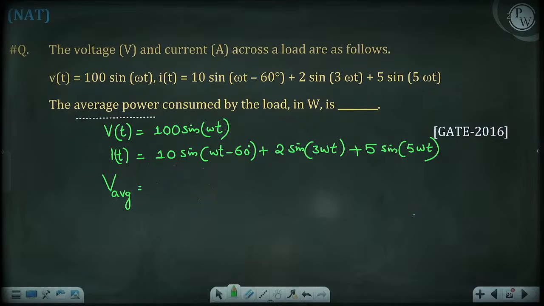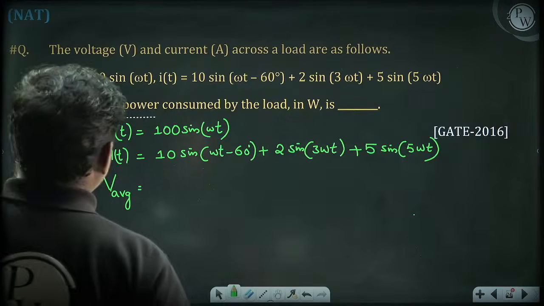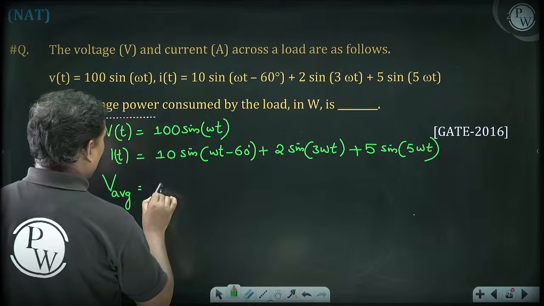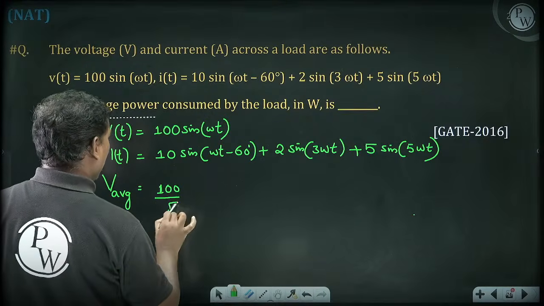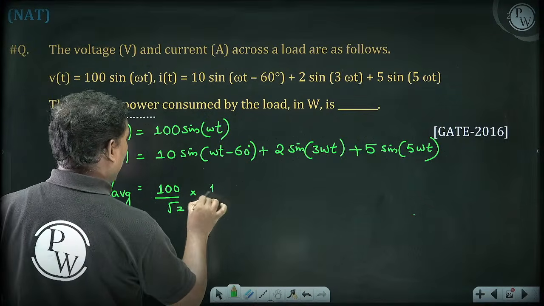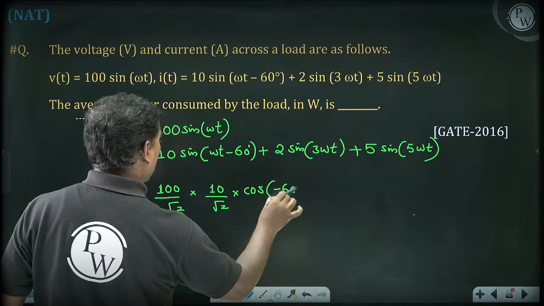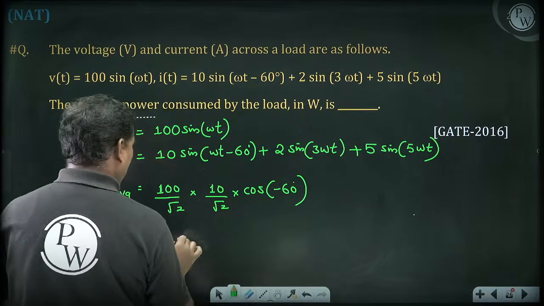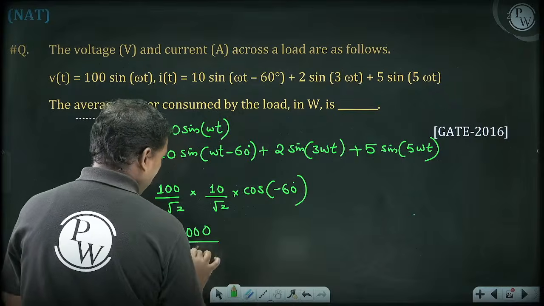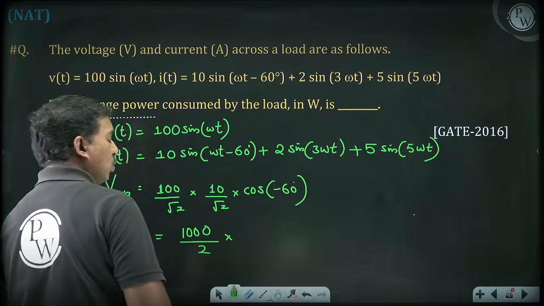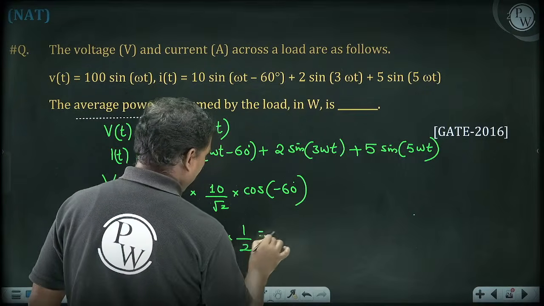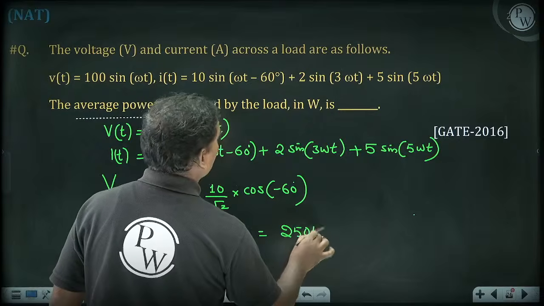Yes, they are asking the average power, so the power is V RMS, that is 100 by root 2, and I RMS, this is 10 by root 2, and cos of phi, that is cos minus 60. So this is 1000 by 2, cos 60 is 1 by 2. So the answer is 250 watts.